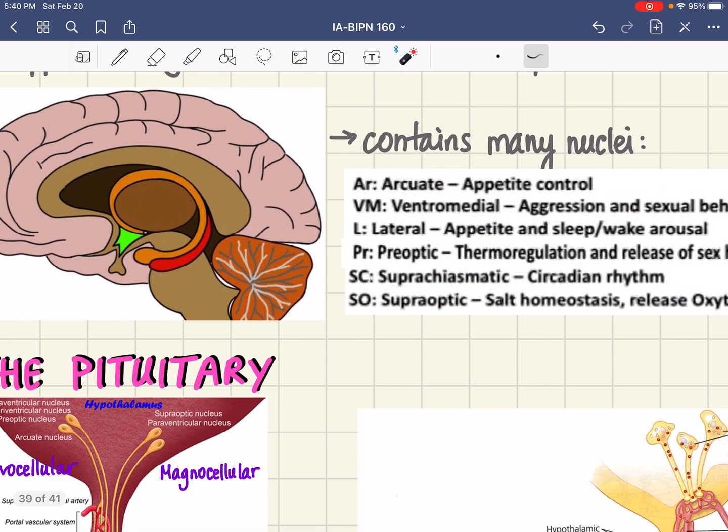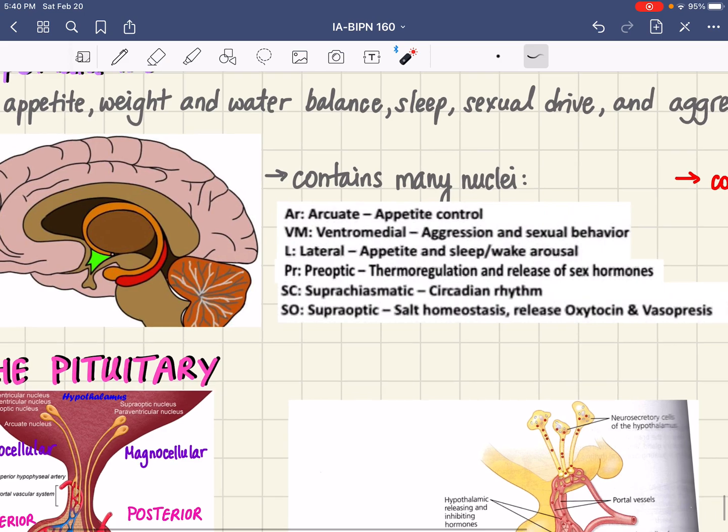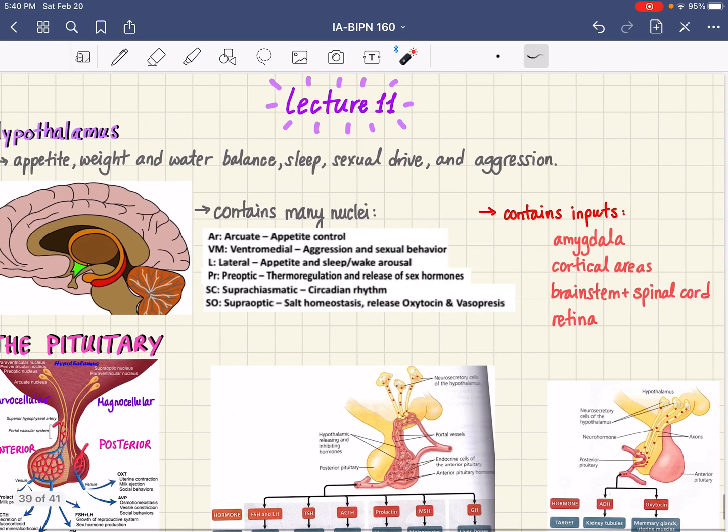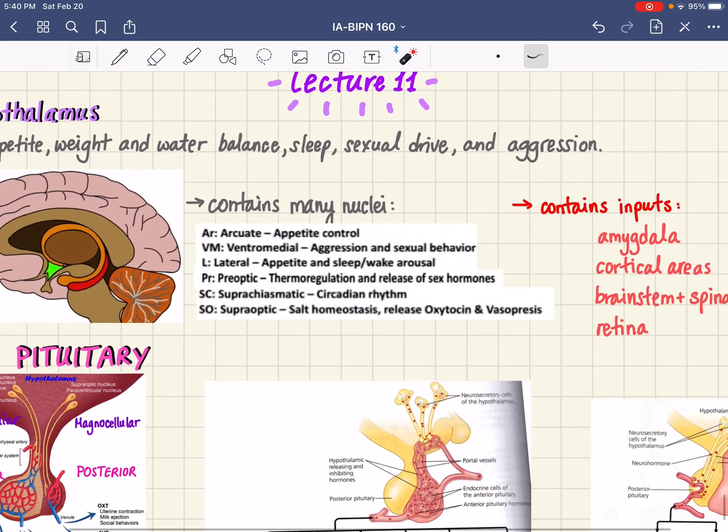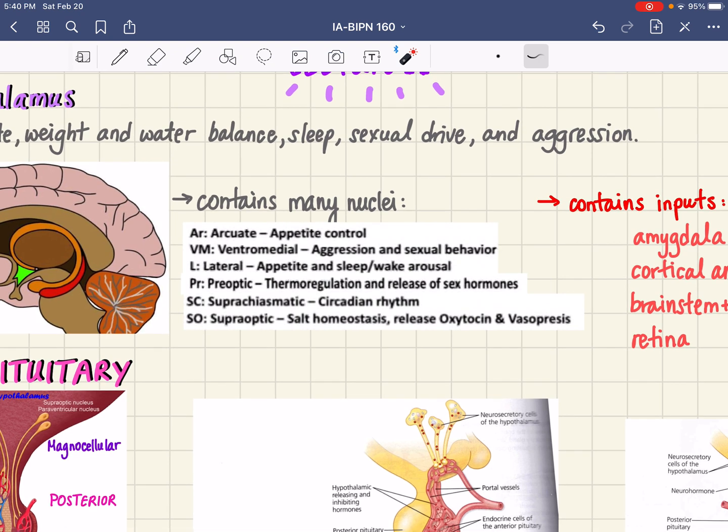Okay, so the hypothalamus itself is very small, however it has many nuclei, and it also has many inputs. So the nuclei that you definitely want to memorize, and definitely want to memorize the functions of, are right here. I cropped them out from that list Dr. Root gave you, and so these bolded ones are the important ones that you should definitely know.